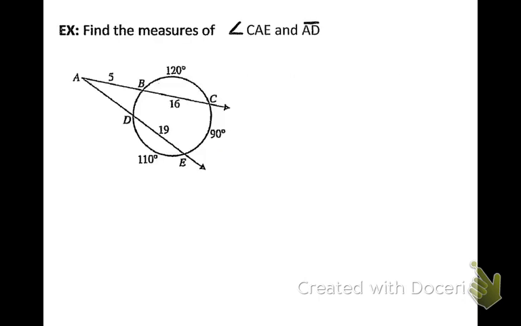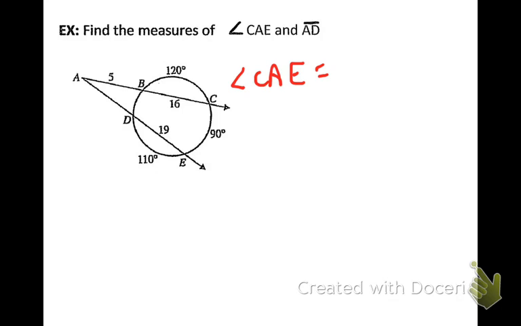So find the measures of CAE and AD. All right? So we've got angle CAE is going to equal to what? In terms of numbers, what would it equal to? What do we have to find first before we can do this formula? What do I have to find first, Bryant?